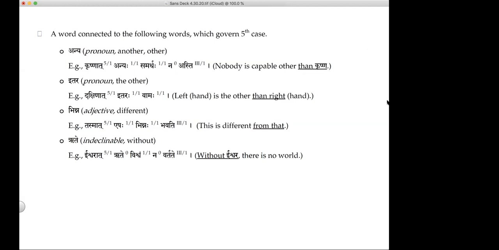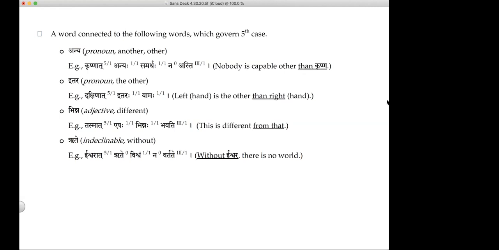Okay, so bhinna gives the fifth case to whatever word it's connected to. So it's always going to be different from whatever is in the fifth case. Here we have the word tasmat, so different from that.